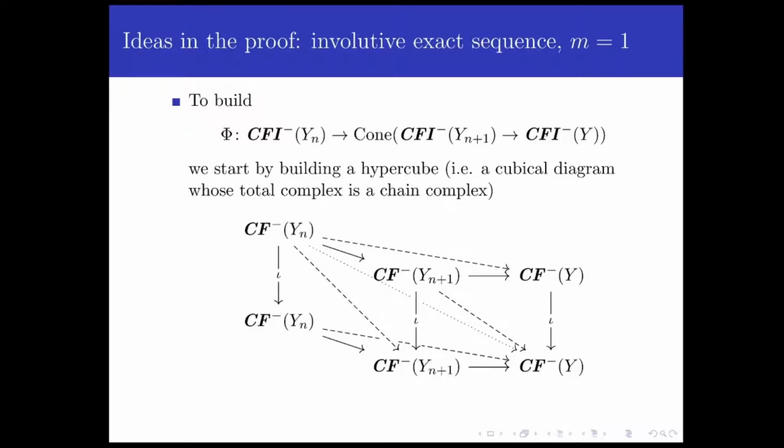So let's think about what it actually means to build a quasi-isomorphism, or actually just a map from the involutive Floer homology of Y_n to the cone of this map from Y_{n+1} to Y.